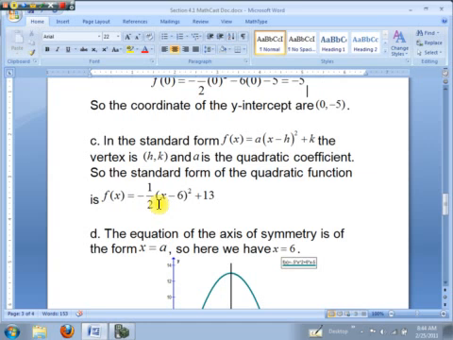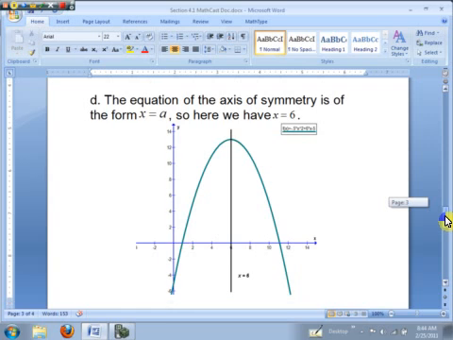So it's really a bit easier for us to do it that way. Now in part D, we want to find the axis of symmetry. Now we know that the equation of the axis of symmetry is of the form x equals a, we call it, where a is simply the x-coordinate of the vertex.